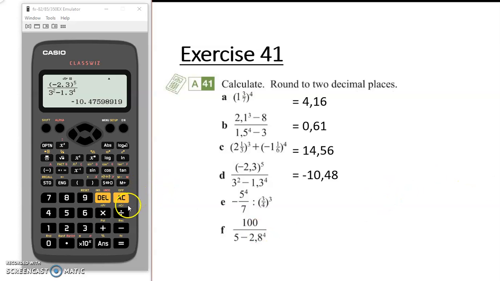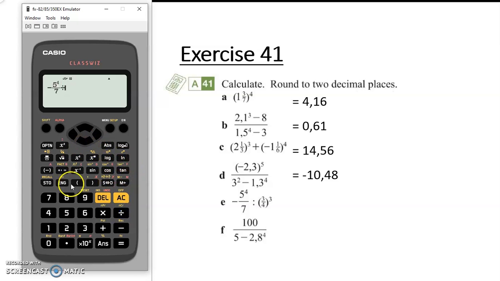Alright, exercise E. It starts with a minus because it's a negative fraction, so you can even start with the minus. Then the fraction button, in the numerator it's 5 to the power of 4. There you go. And then below the denominator is a 7. Go out of the fraction, push the right button, divide.